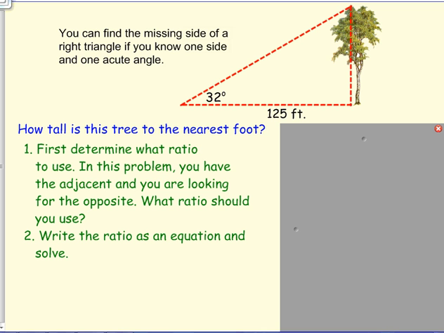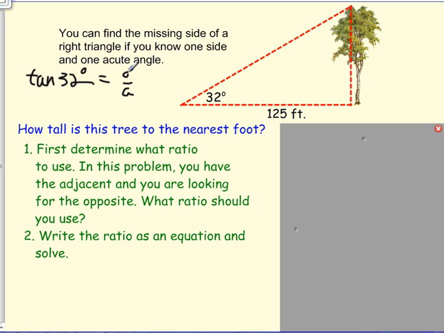All right, this is our last example for the day. We can use these ideas to actually find out some information. So if I do tangent of an angle, let's say we're using this example here, 32 degrees, my ratio is going to be the opposite over the adjacent fraction.